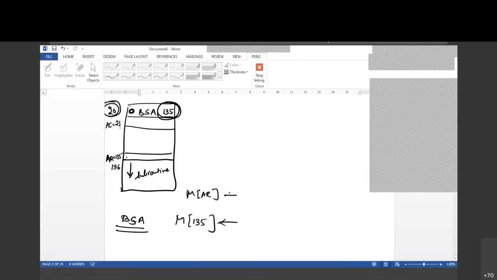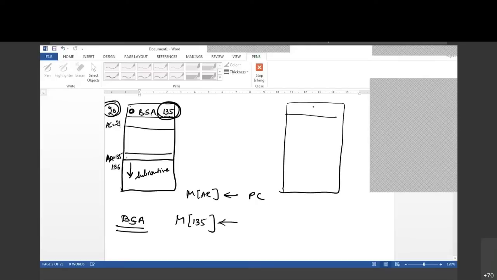Once this BSA instruction gets executed, this is your PC, it is having the next instruction. So in this location 135 in memory, we will store PC now.